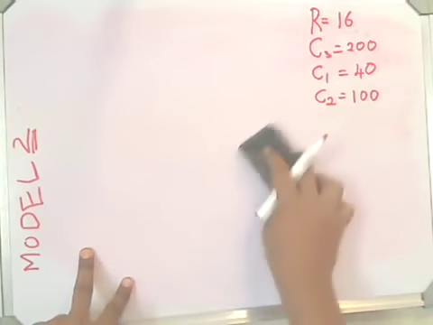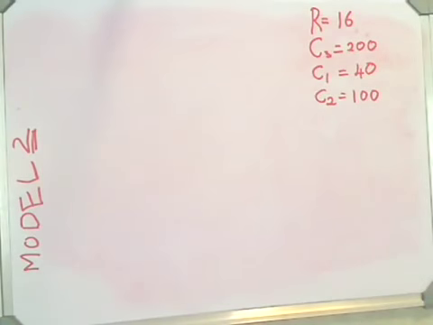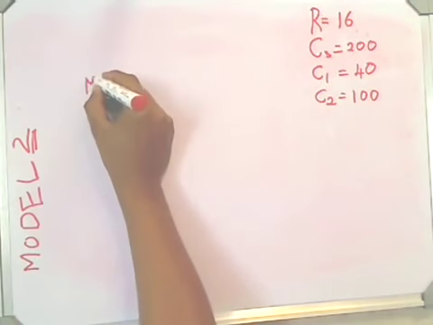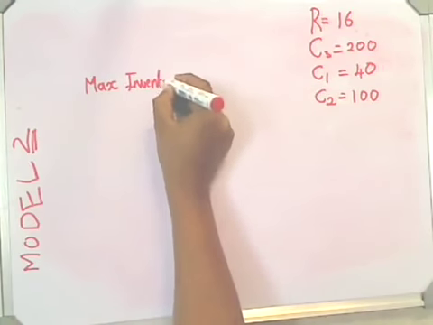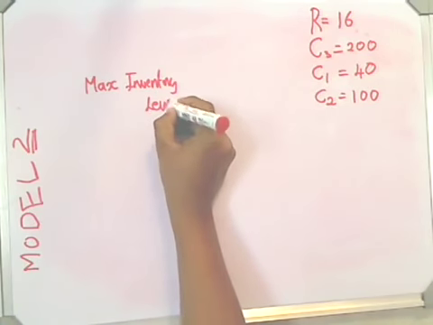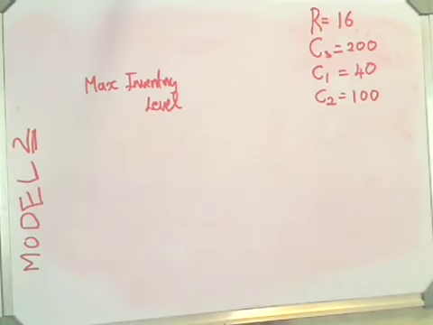Now, coming to the remaining formula that would be there in model number 2, you have the maximum inventory level. In the previous one, the maximum inventory level would be nothing but EOQ, that would be around 13 tons.